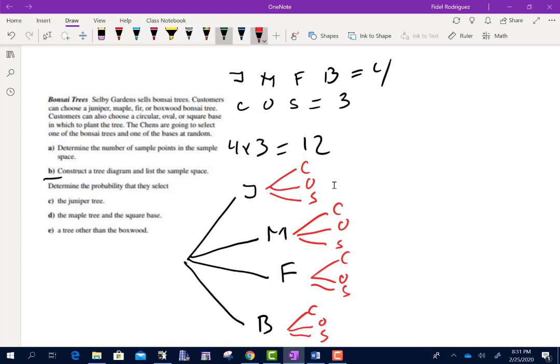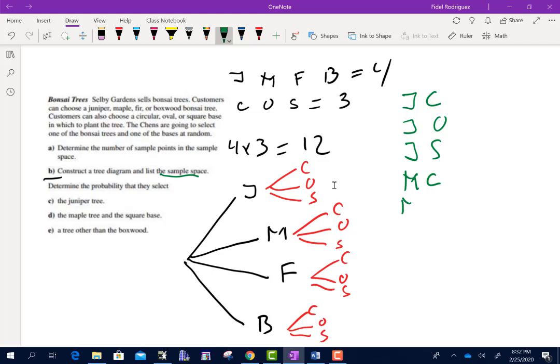Okay, so guys, I'm going to go ahead and list the sample space, because that's what this piece says right here. All that means is we can get a juniper tree with circular, juniper tree with oval, juniper tree with square.